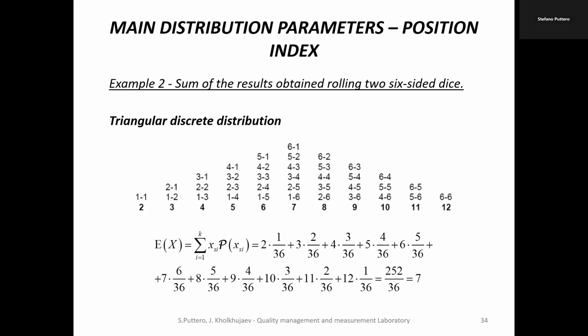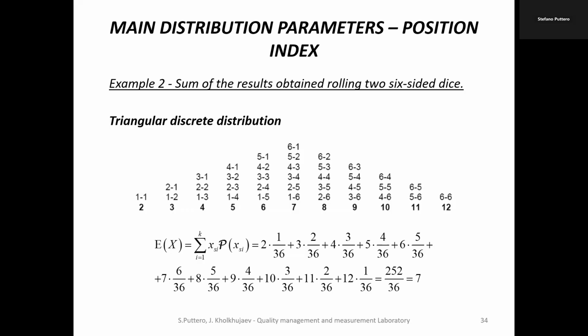mass point 9. For 9, we have, of course, the value of the mass point, so 9, multiplied by the probability of obtaining 9.